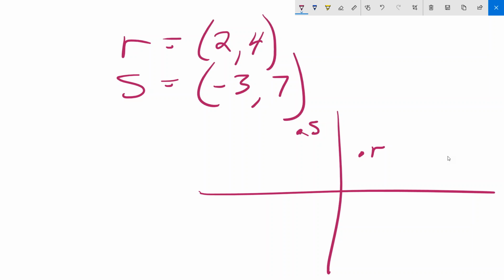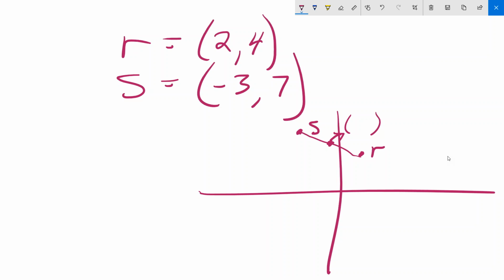So if I draw a line between those, what's the coordinates of the point right there? Add the x-coordinates, divide by 2. It's always the formula.